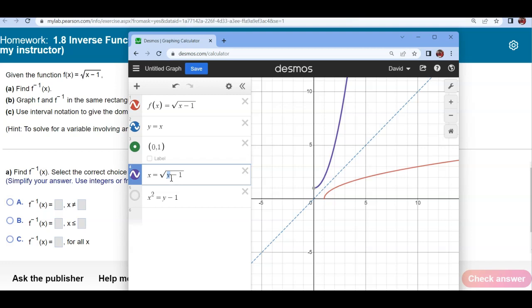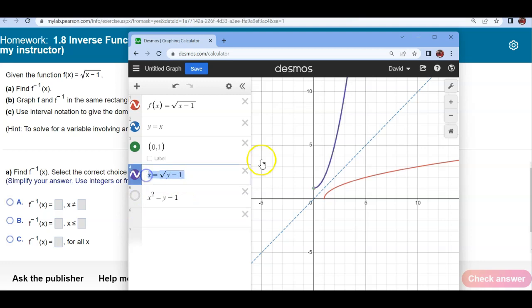For instance, 0 minus 1 is negative 1, and you can't take the square root of that. But on the next step, where I've squared both sides, the square root's gone, and I don't have that restriction anymore. So now we have points on the left that we couldn't get before because of the square root.